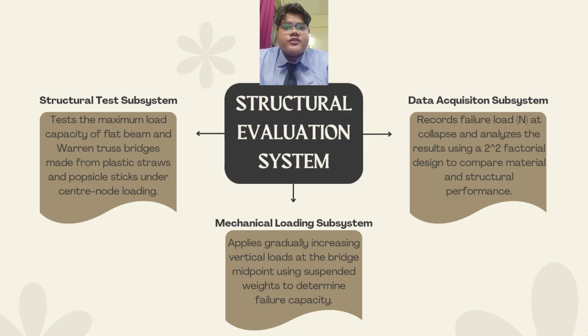This creates a controlled downward force that allows us to determine the failure point accurately. Third is the data acquisition subsystem, which records the failure load and analyzes the results using a 2 to the power of 2 factorial design. This statistical method helps us compare the effects of material type and bridge design on structural performance.